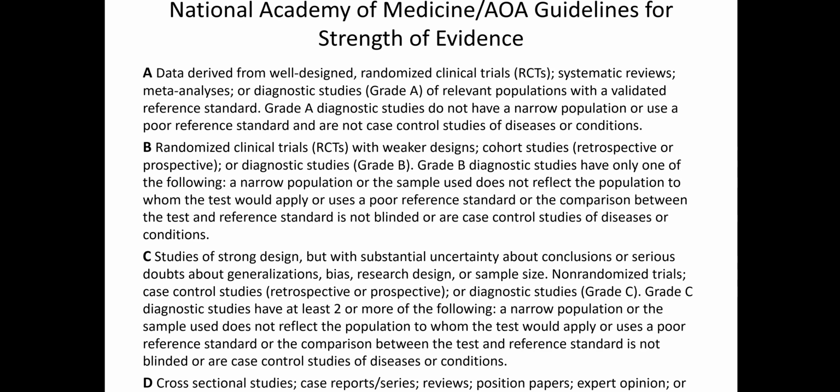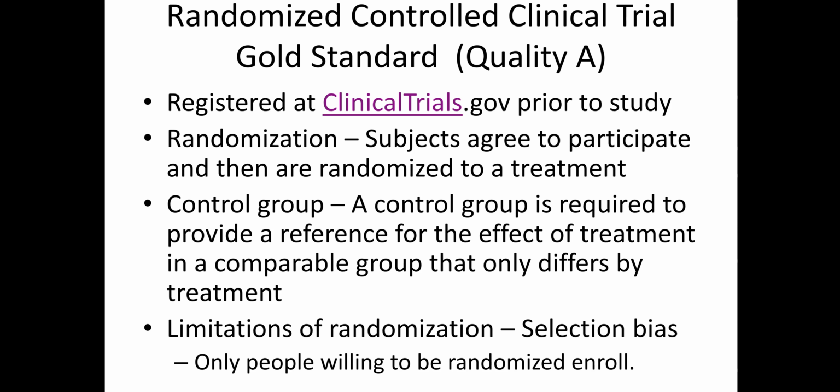Reviews of the literature, position papers, expert opinions, that sort of thing. So those are the levels of evidence that we consider. And you want trials to be as high in that list as you can.